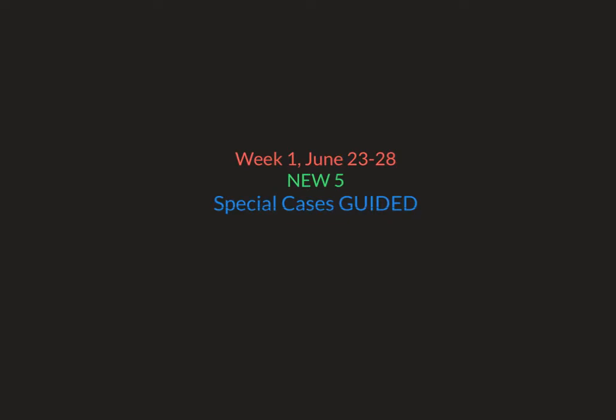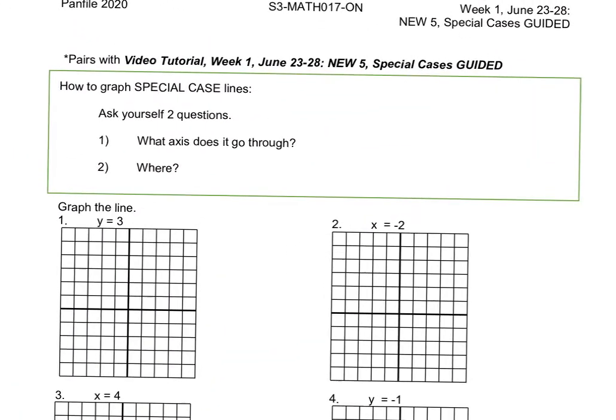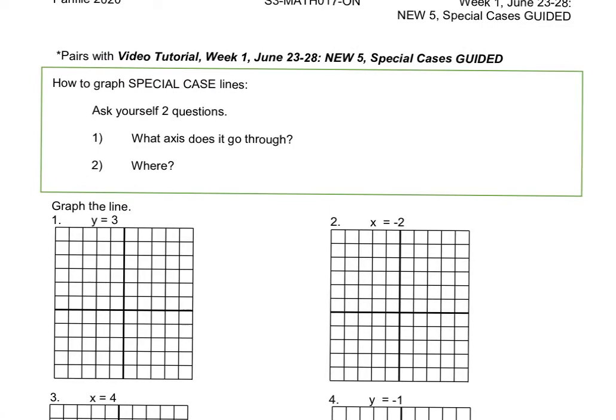So special cases is one of those things that is more of a memorization thing, because these are the unique or quirky cases that don't often come up. Looking at the special cases of how to graph lines, there are 2 questions that you need to ask yourselves. What axis does it go through, and where?